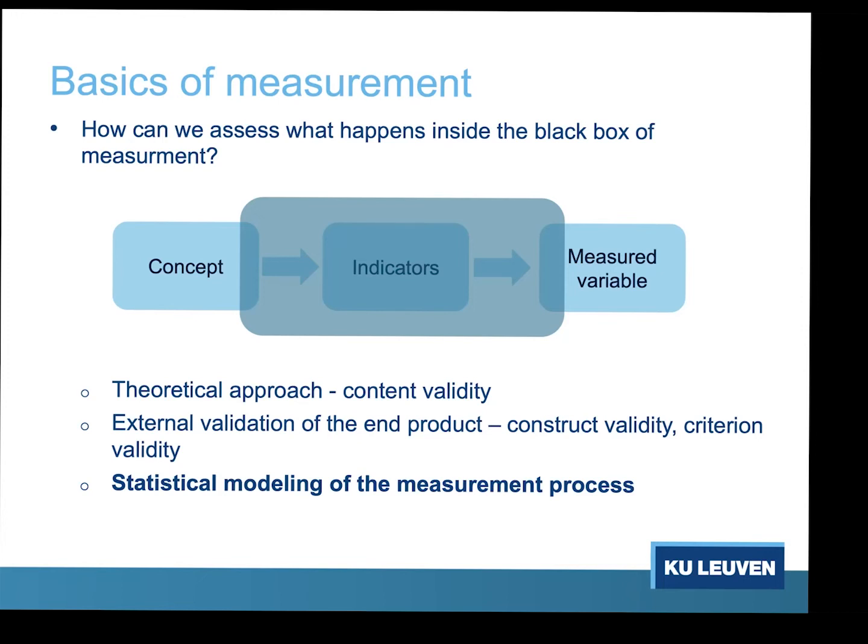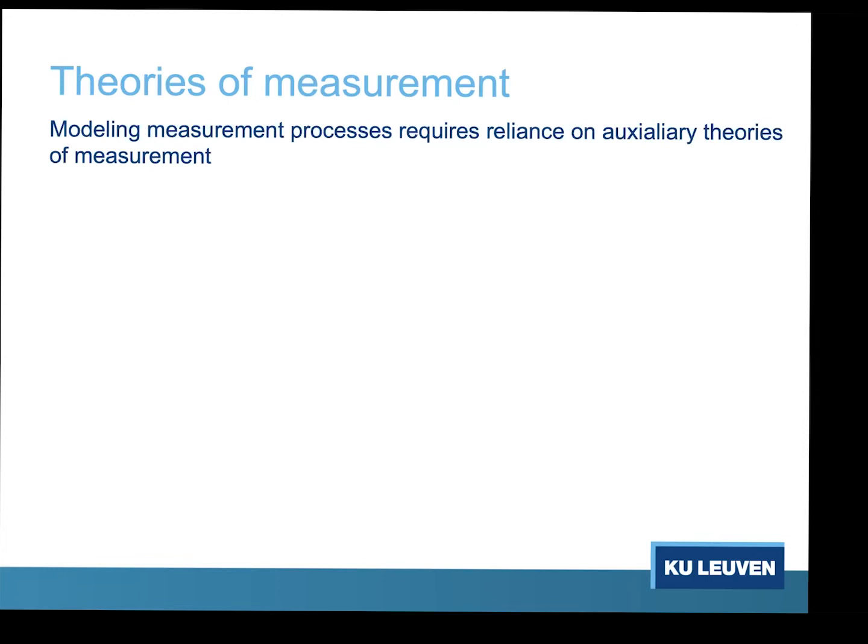I think it's a useful approach, but it of course has its limitations as well, because if we want to take a peek into this black box, we cannot do it without a frame of reference. We always need to take a particular position of departure, and we always need to start from a particular theory of measurement.